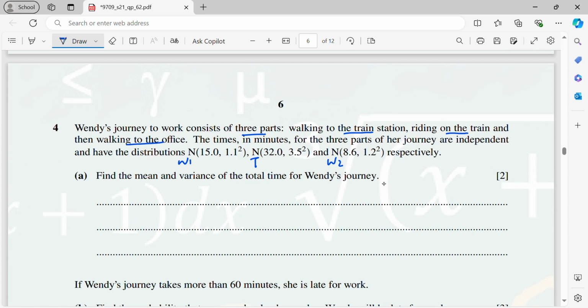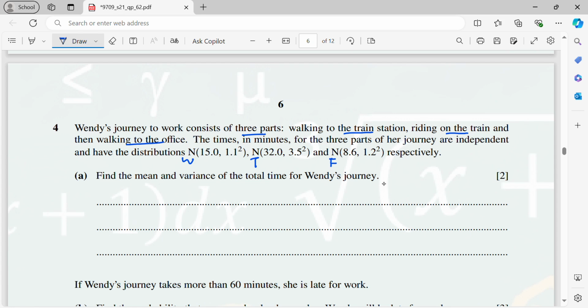So probably here I don't want to write walking. Here I write office. Office is F. So this is W. Okay, so now your T, the mean and variance for the total time.